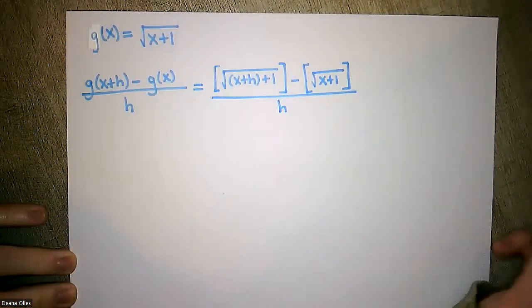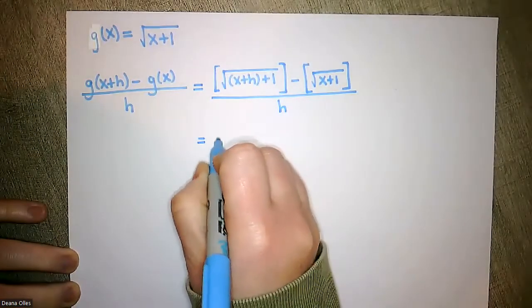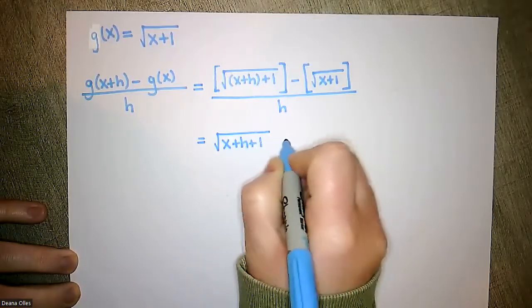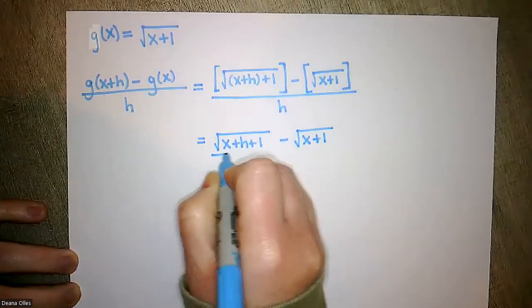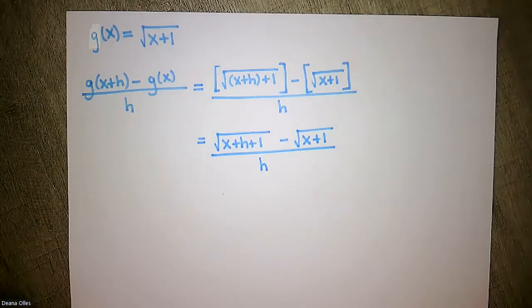All right. And so now we have the square root of X plus H plus 1. I'm just going to go ahead and dump all these parentheses and brackets because they're not particularly necessary. And then I say to myself, is there something I can do to rewrite this with these square roots? And what you're going to be doing this with is evaluating a limit.